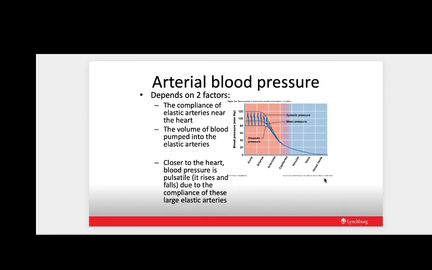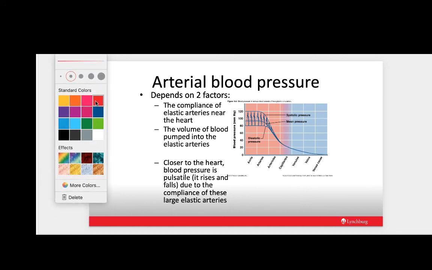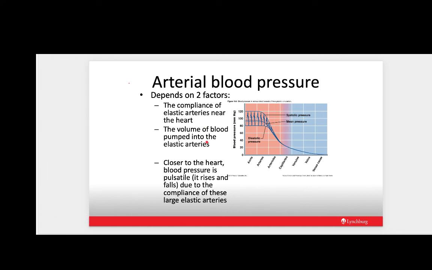Okay, so what factors can affect arterial blood pressure? Basically, it's affected by two different things. One of the factors is the compliance of the elastic arteries near the heart, and this is basically the fact that the aorta and the other large arteries are elastic arteries, so they can expand and recoil.